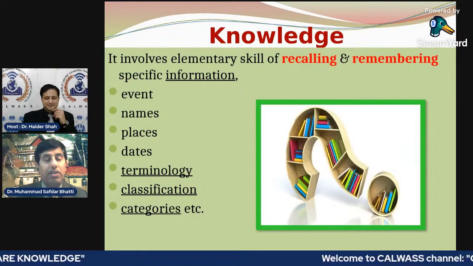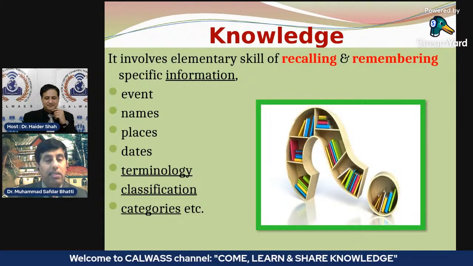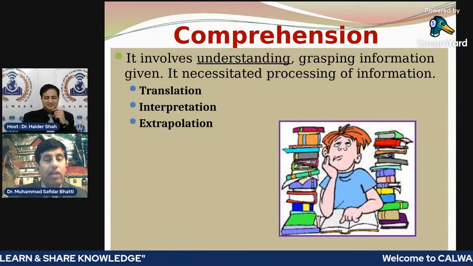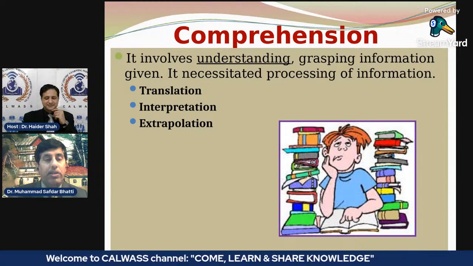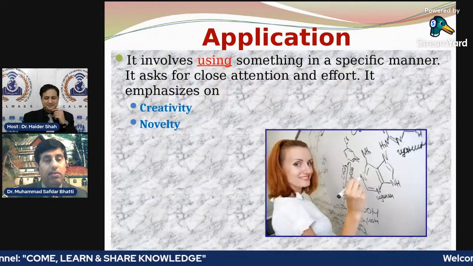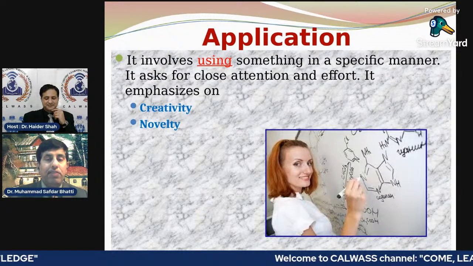Knowledge involves the elementary skill of recalling and remembering specific information like events, names, places, dates, terminology, classification, and categories as well. While comprehension involves understanding, grasping the information given, it necessitates processing of information, translation, interpretation, and extrapolation. Application involves using something in a specific manner.